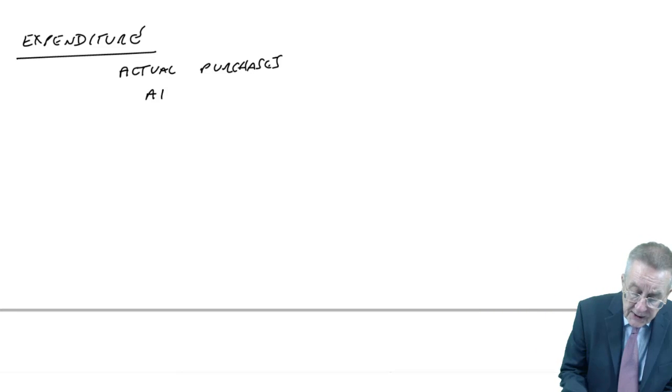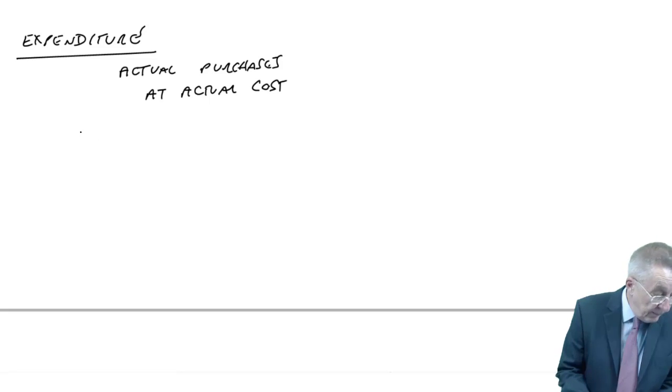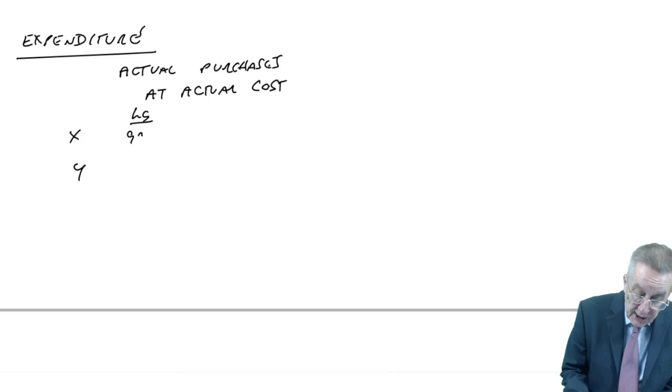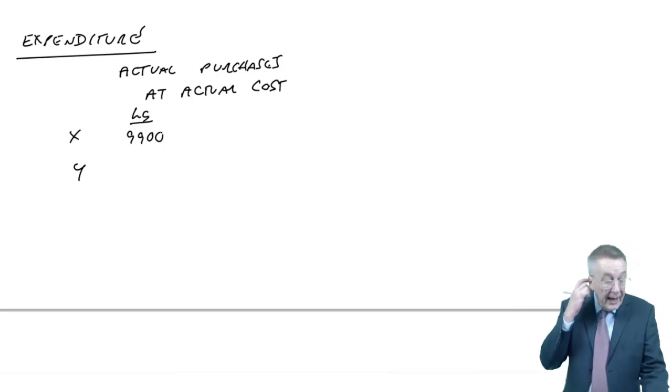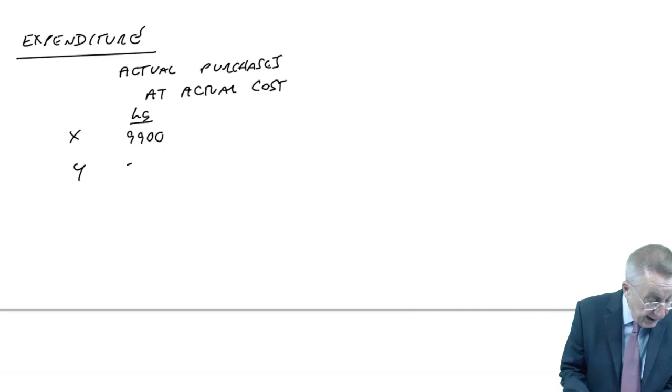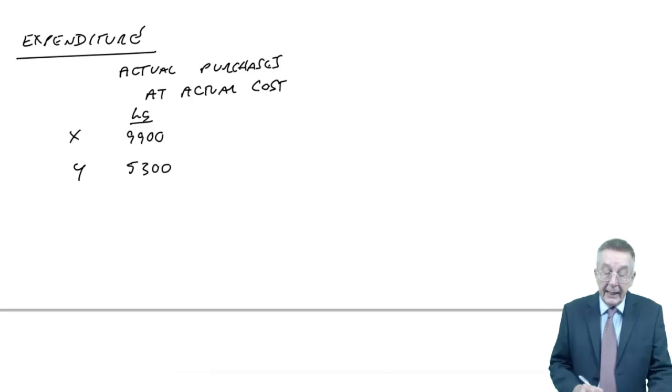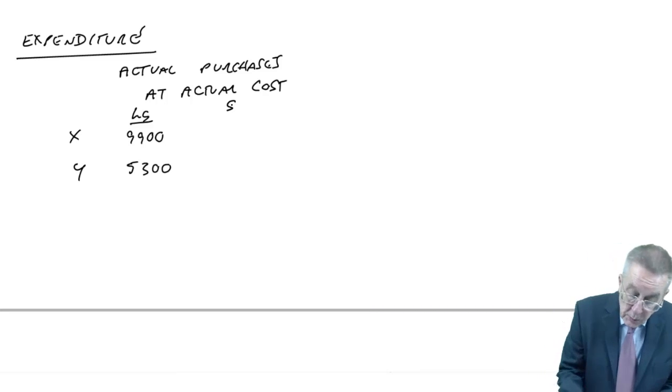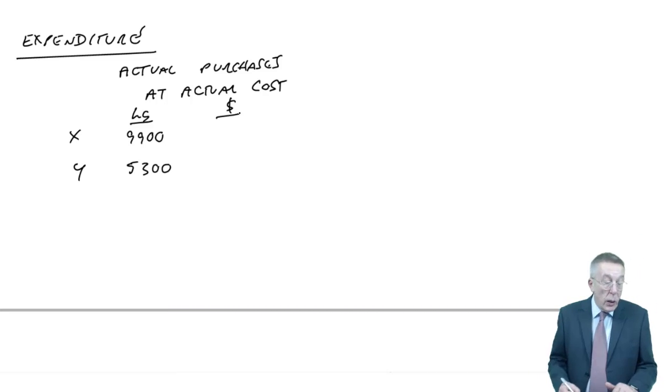So the actual purchases at actual cost, X and Y, in kilos, we actually bought 9,900 kilos of X, we bought 5,300 kilos of Y. And how much did we actually spend in total?